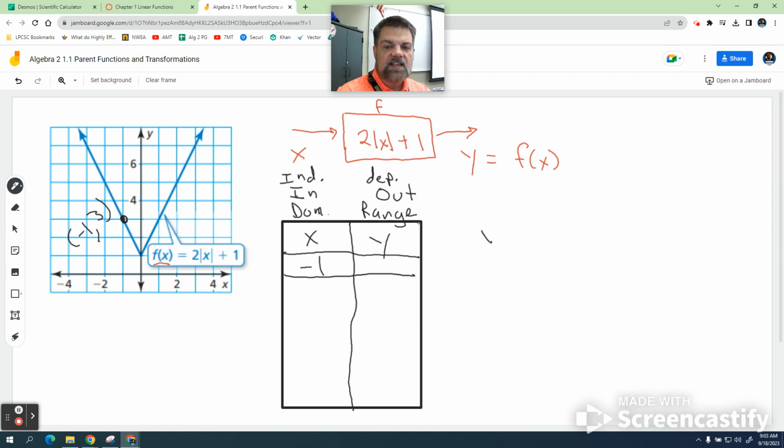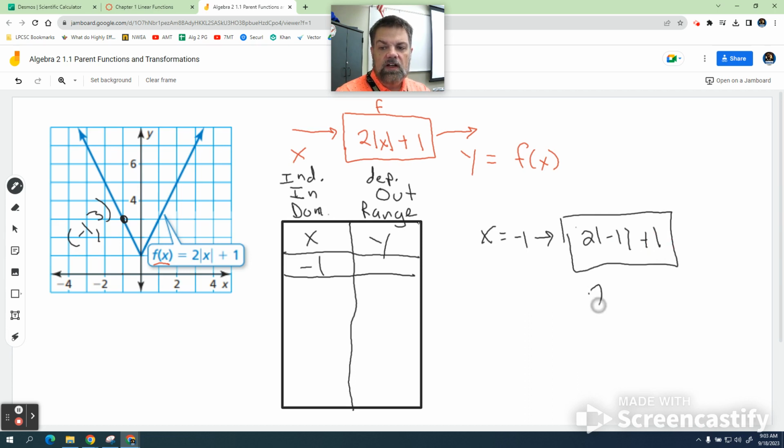Well, if I say x equals -1, and I plug that into my function, really what I want is 2 times the absolute value of -1 plus 1. So what is the absolute value of -1? Just +1. Well, what is 2 times 1? 2 plus 1 equals 3.